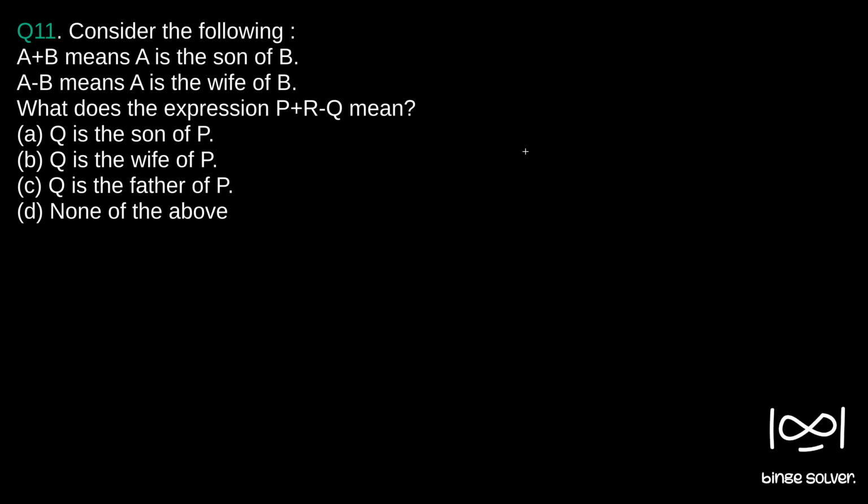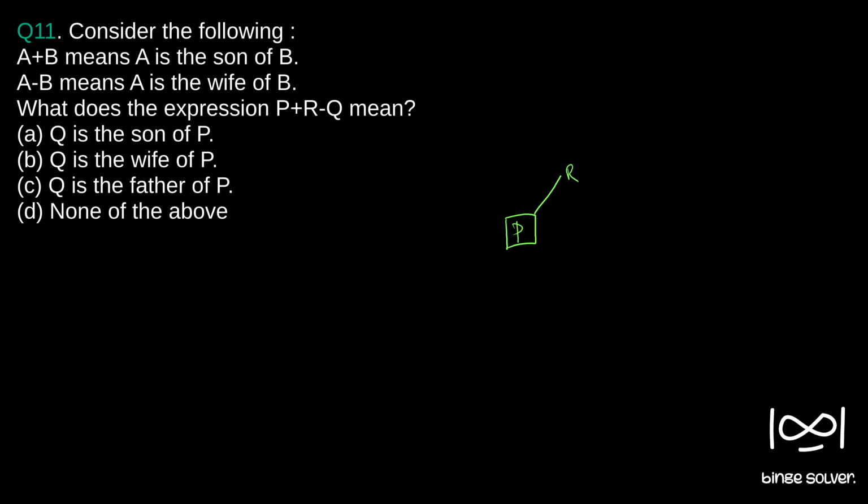If you are unfamiliar with such notations, please do check the family relationship problems I have done in the previous videos. So here P plus R means P is the son of R. And R minus Q, that is the second part.